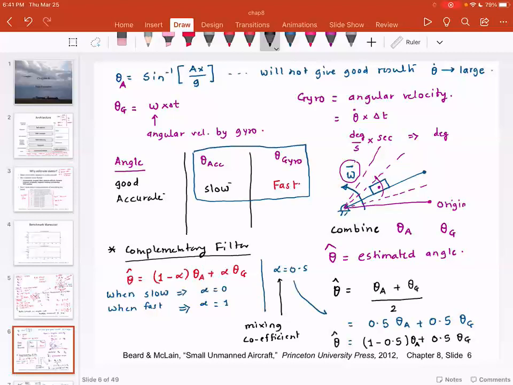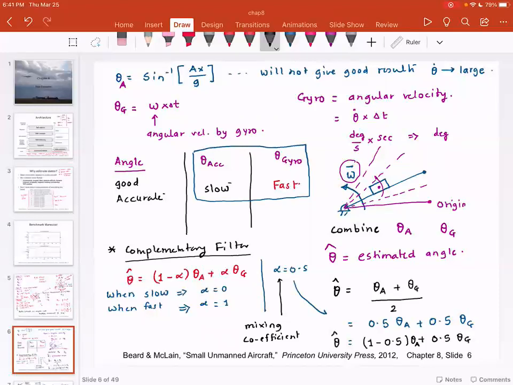Yeah, Borna, we will get there. Just hold your horses. So now alpha is my mixing coefficient. Somehow I have this knob which I'm going to tune based on whether it's moving slowly or moving fast.